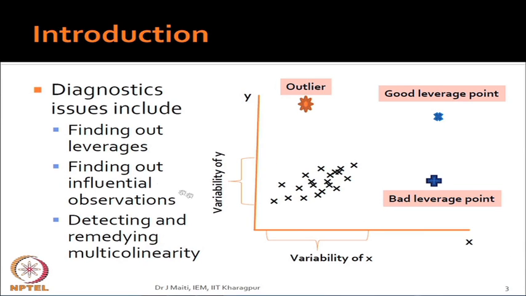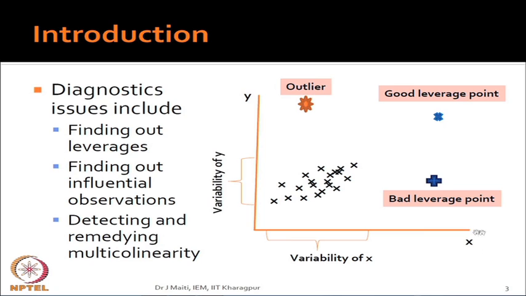In today's discussion, we want to find the leverages and other influential observations. Another very important issue is that one of the assumptions is that all the explanatory variables are independent in nature.